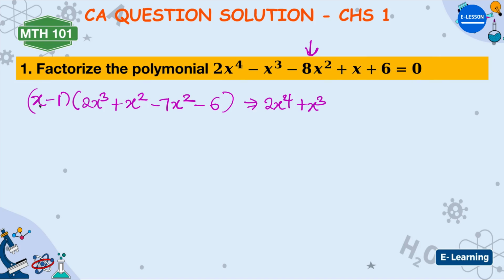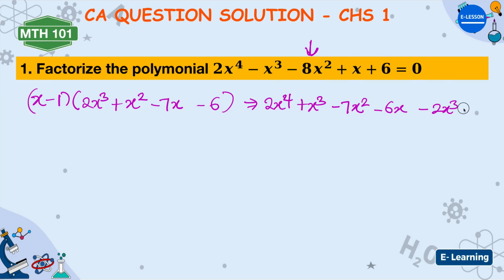And then this multiplied by this. Okay, this is not supposed to be squared. This multiplied by this gives us minus 7x squared minus 6x. Is that okay? Now, the last one is this one. This multiplied by this, that will give us minus 2x to the power of 3.